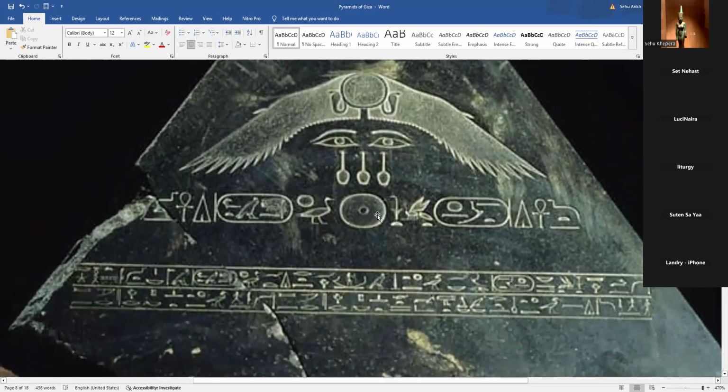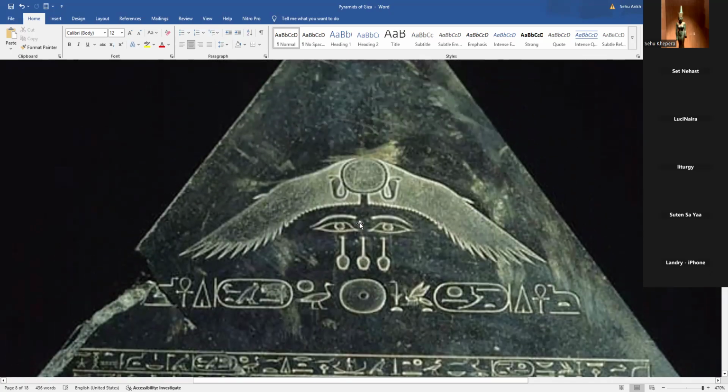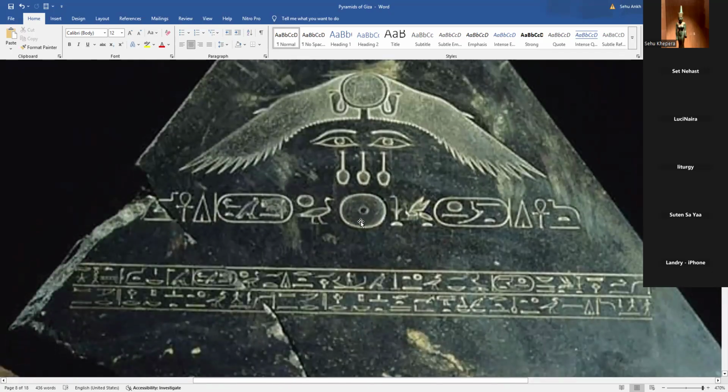You have lines of hieroglyphs, inscriptions, beginning up here. So you have these features on this stone, and you have these inscribed features on the four sides of the stone.